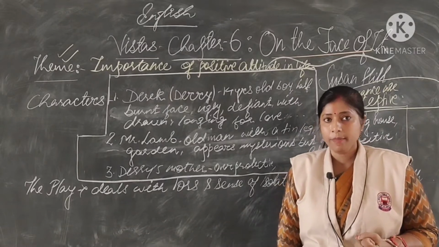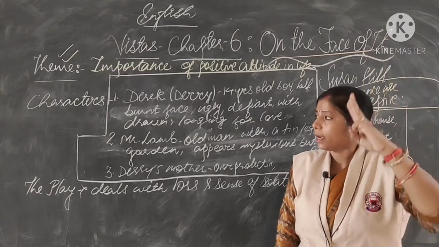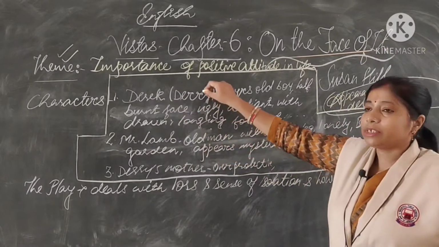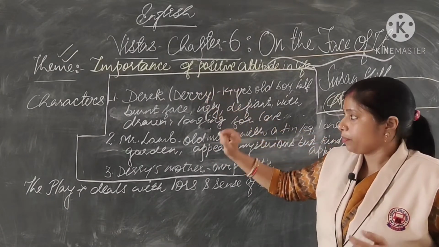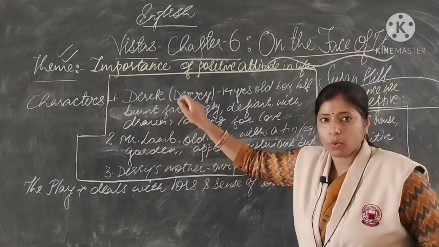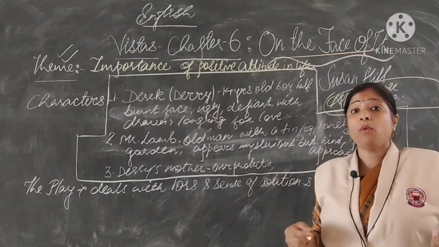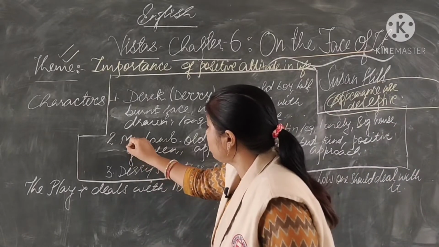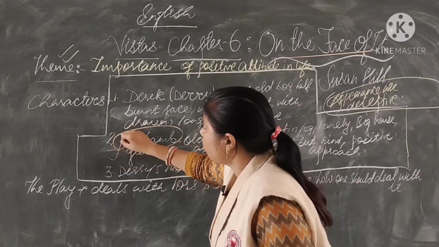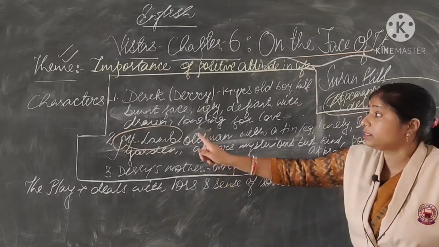See over here, we have 3 characters in this chapter. First one is Derek. Protagonist of the chapter is Derek or Derry. Second is Mr. Lamb. We can also call him one of the main characters. Why? Because it was Mr. Lamb who has changed Derry's life.